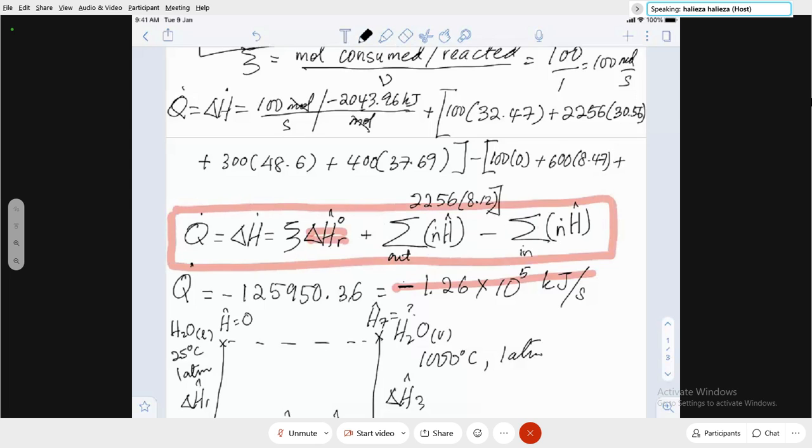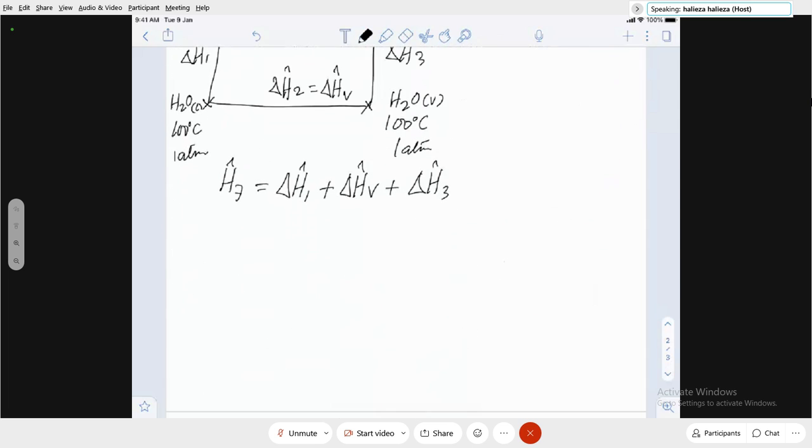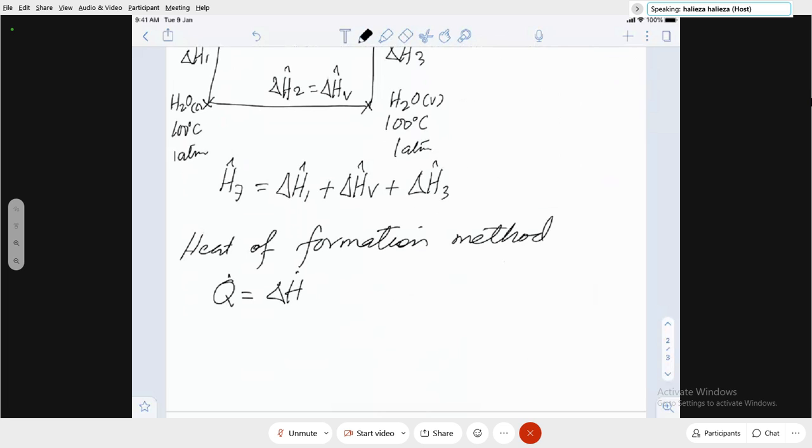But when you are going to do the heat of formation method, so I'm going to write here heat of formation method, the same example, we're going to solve it using the heat of formation method. The equation now is much simpler. You only need to solve for the heat that you need.